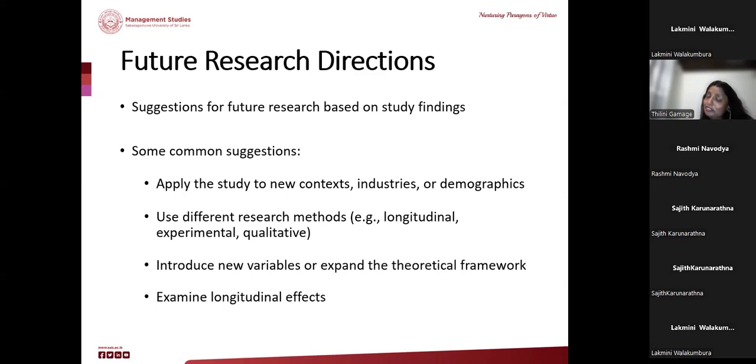But the future researchers can think about further fine-tuning the theoretical framework of the study. If they want, they can introduce new variables with a strong rationale. They can do that. And the final suggestion refers to the temporal limitations that I was talking about.